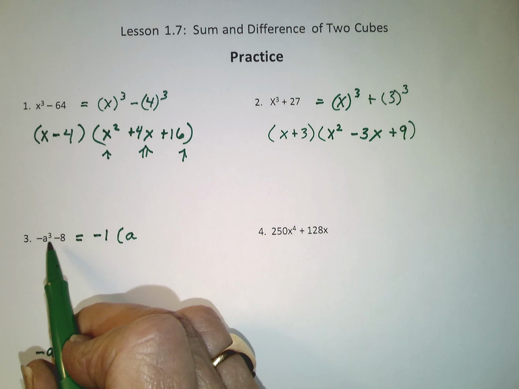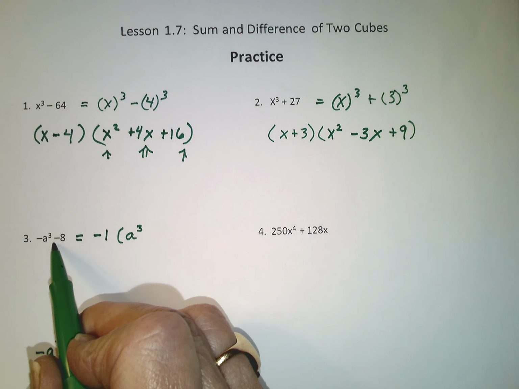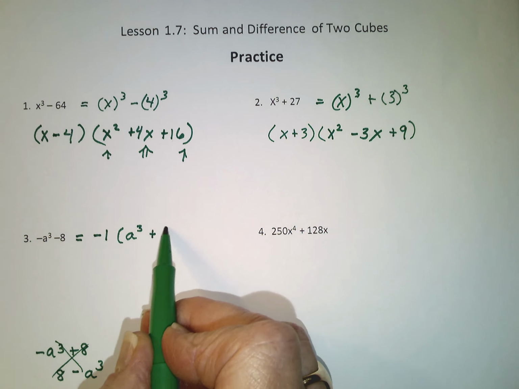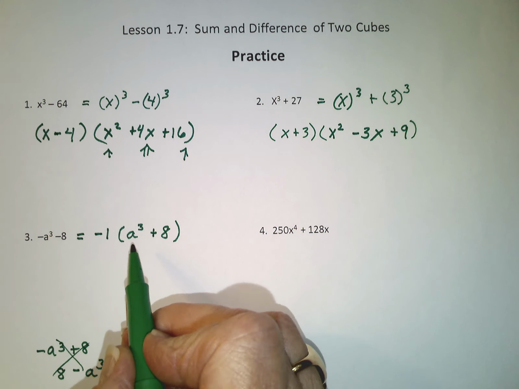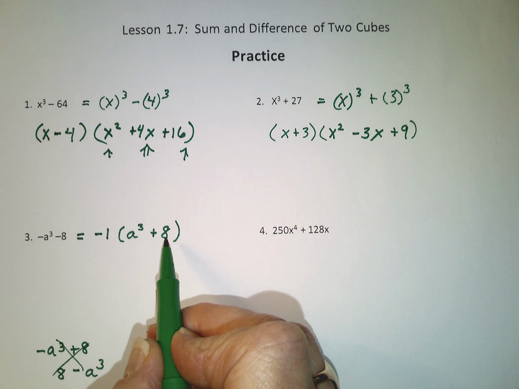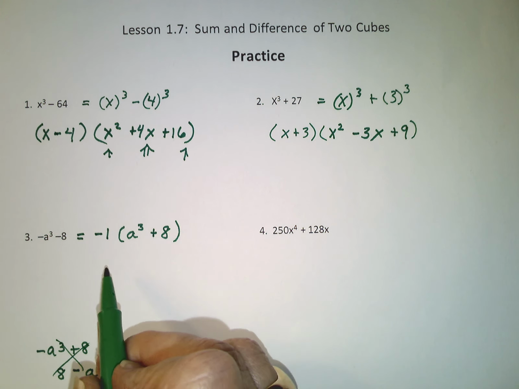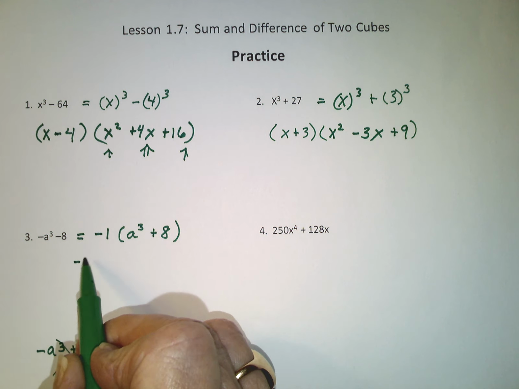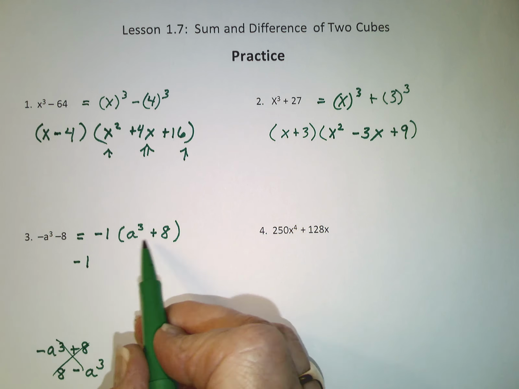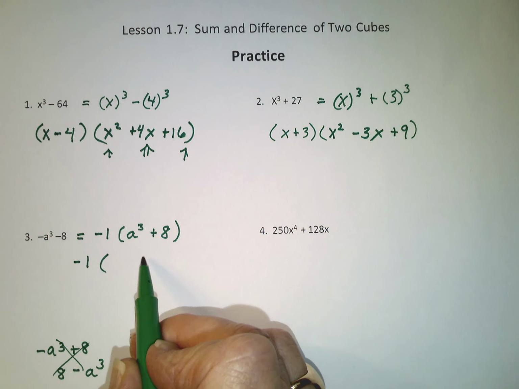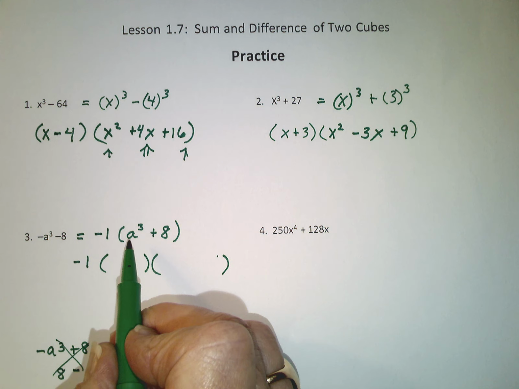So if we factor -1 off the a cubed, factor -1 off the -8, now we've got 2 cubes, the sum of 2 cubes, and we can work with it. The -1 will still be part of the answer, but we can factor this. We'll have the short factor and the trinomial.